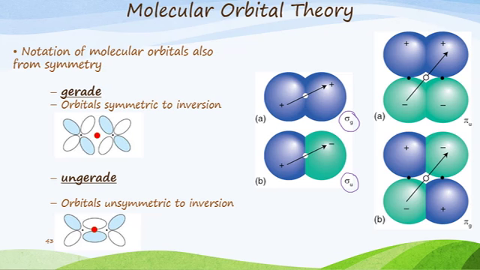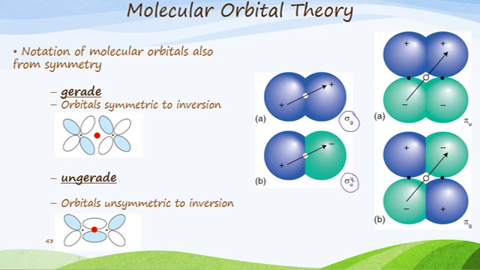So for sigma bonds, when there's a bonding interaction, we get a sigma gerade, which is usually a bonding orbital, and when there's an antibonding interaction, we get an antibonding orbital called sigma ungerade. We label it sigma star so that we can indicate that it's antibonding.